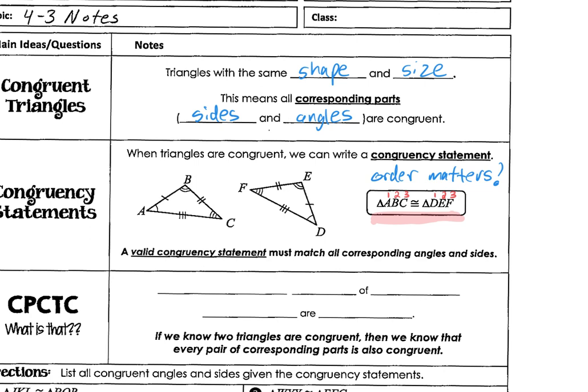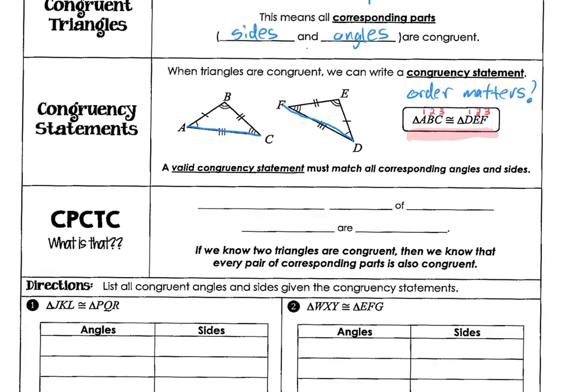Take a look, angle A and angle D match. Even the sides work. Look at AC, that's 1 to 3, and over here it matches D to F, 1 to 3. So the idea behind those numbers and the letters matching up is going to be helpful and important as we go along.